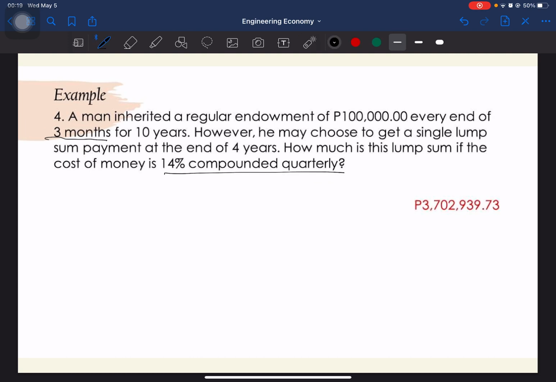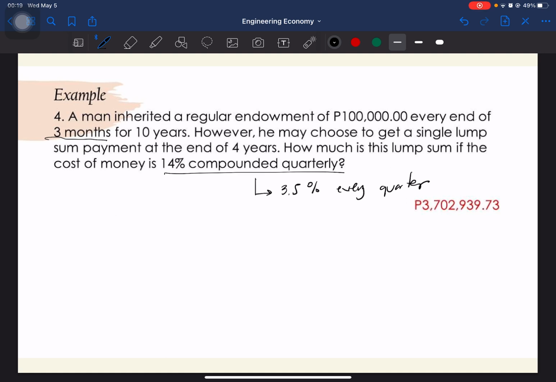And if you use solution 1, we know that every quarter, ilang percent yung ating interest rate? 14 divided by 4, that's 3.5. Okay, you have 3.5% every quarter, and that is the interest rate every 3 months.